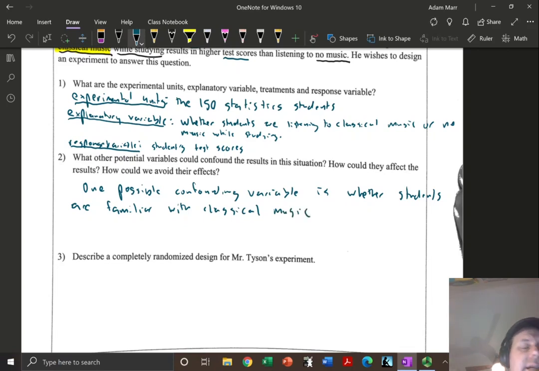And how would this affect it? Well, it could cause a different response. If I hear a song that I know and I'm trying to study, I might be more distracted. So this could affect performance while a student is trying to study.